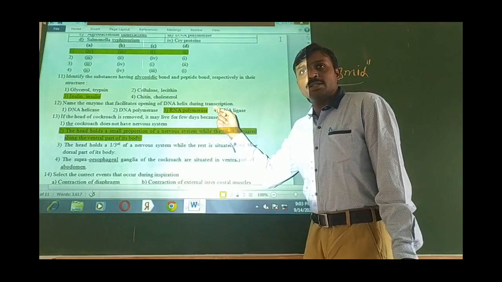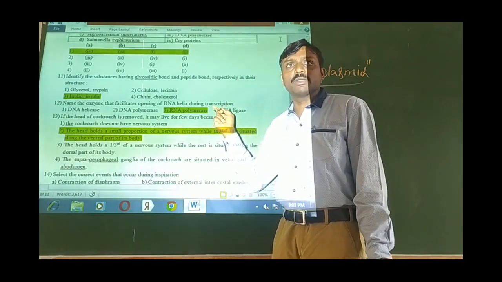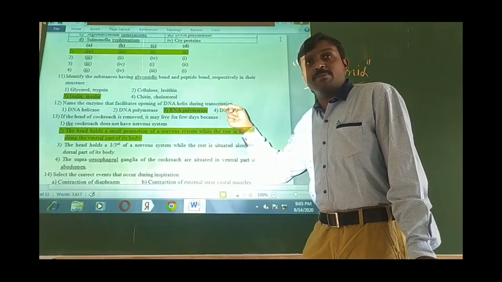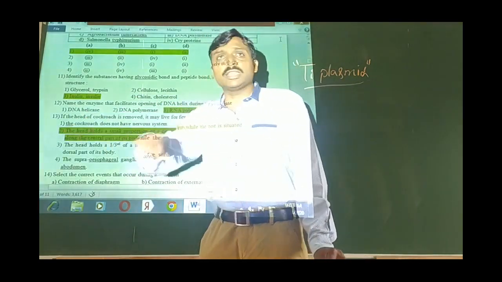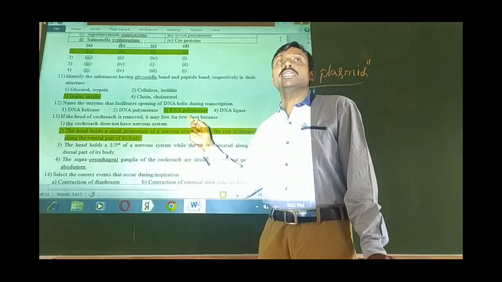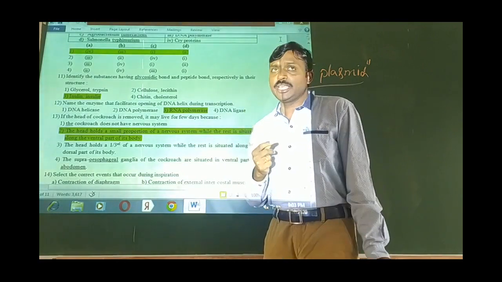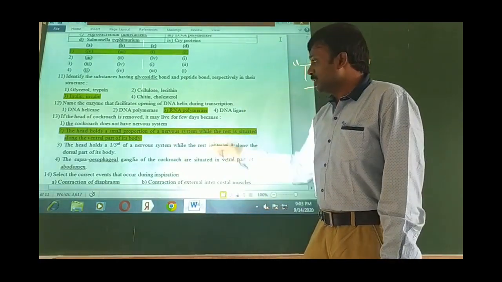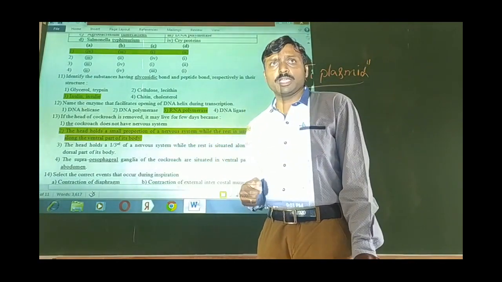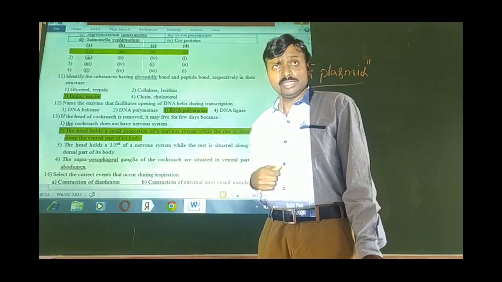If you observe, they ask for the transcription process, not the replication process. In the case of transcription, DNA helicase won't start the unwinding of DNA. In transcription, RNA polymerase will be unwinding the DNA strands. So this is a little bit tricky question. If you are in a hurry, definitely you are going to answer this question wrong.